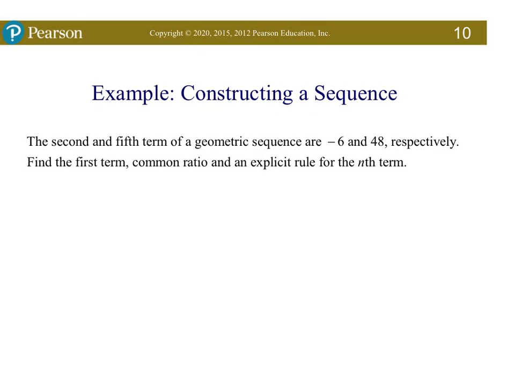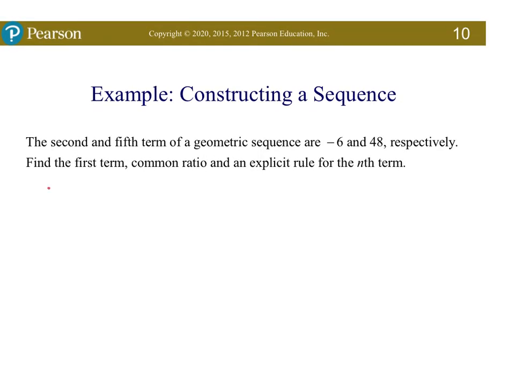So what if we know that the second term, a sub 2, is the first term times r to the 2 minus 1 power, and we know that is supposed to be -6.